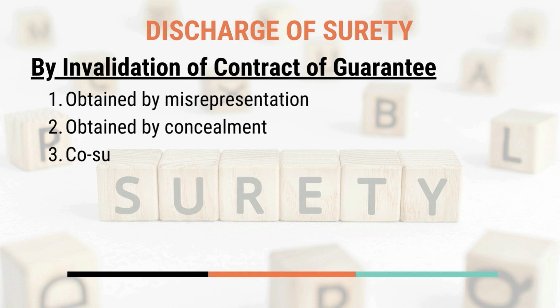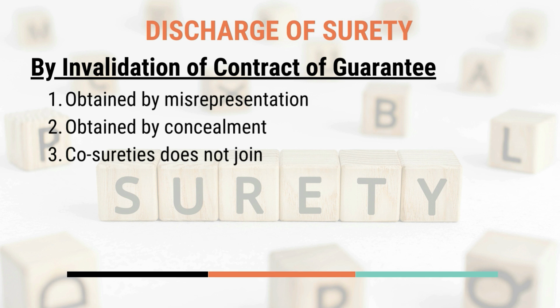Third, co-sureties do not join. In case there is a contract between sureties and a co-surety is not ready to join in the contract, then the role of surety is treated as over, because A, B and C have mutually given the responsibility to bear the loss of rupees 1 lakh each, and in case they are not joining for that responsibility, they have withdrawn from the contract.